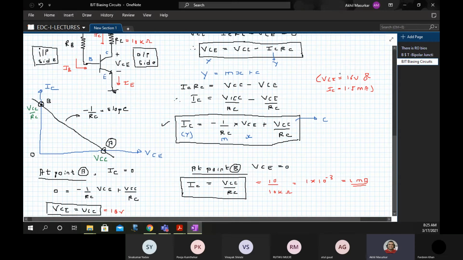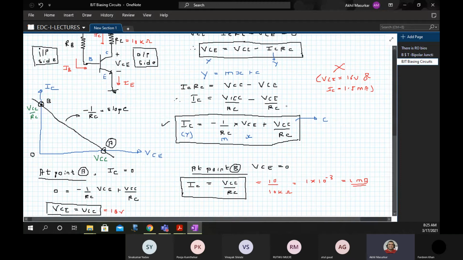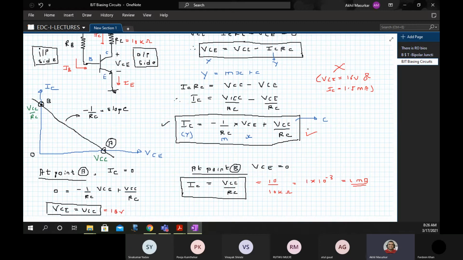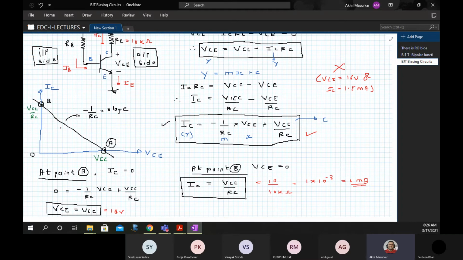Hence, this combination of voltage and current can never exist in the above circuit. Only those combinations of IC and VCE can exist which satisfy this particular equation. So the Q point is a point on the DC load line. Once you are done writing this, just write done in the chat box.